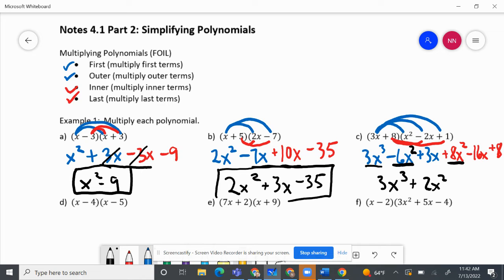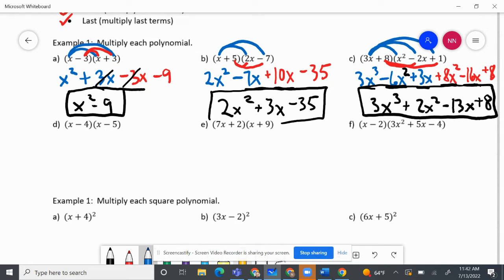And then we have the 3x and the negative 16x, and that gives us negative 13x. And then what we have is plus 8. Pause the video and try those next 3.